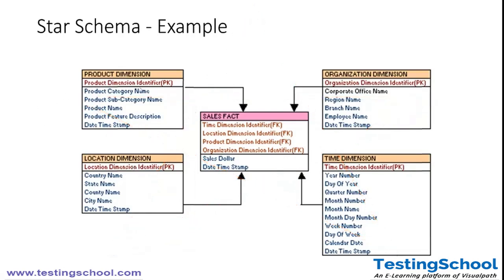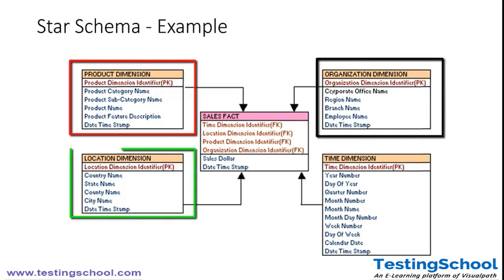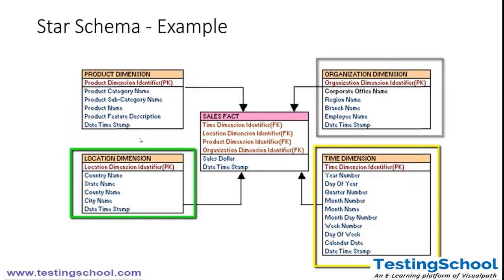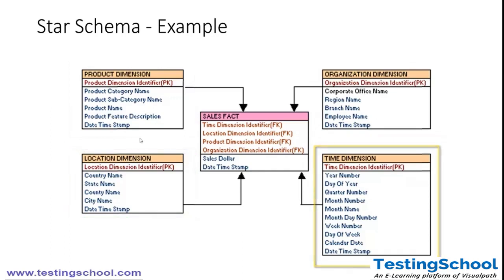See here, the product dimension identifier is a primary key, and when it comes here, it becomes the foreign key. Similarly, it's the same for the rest of the dimensions. Note that the different dimensions are not related to one another. They are individual, and they make sense when you look at them individually, but you cannot connect these two together. When they are read with a single measure value, they make sense.